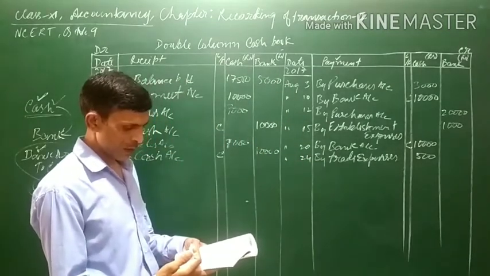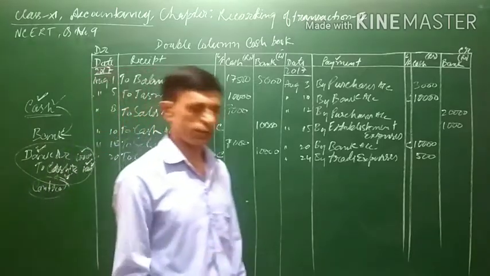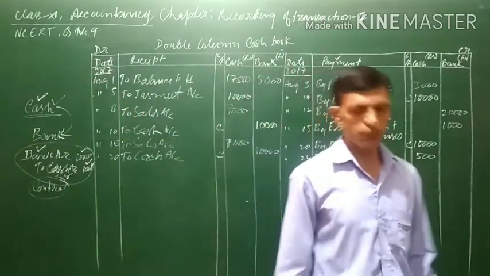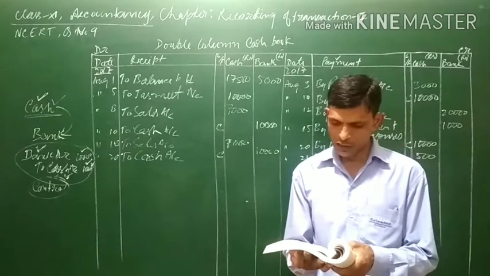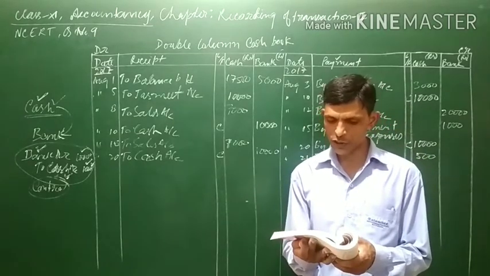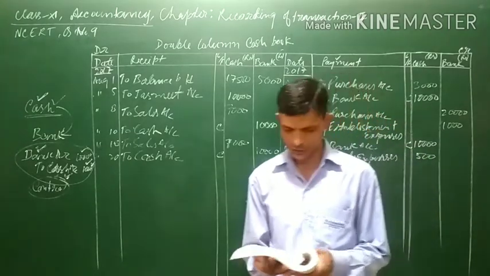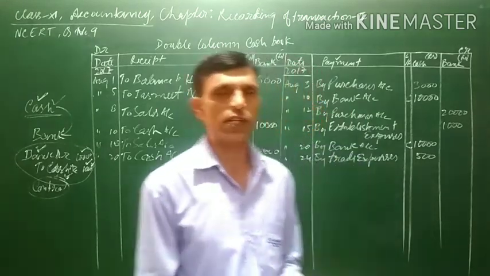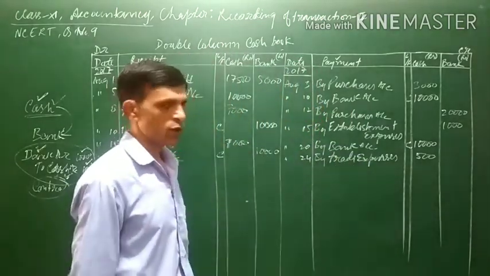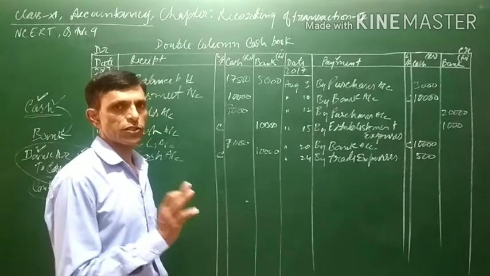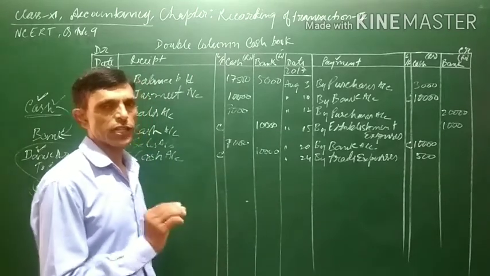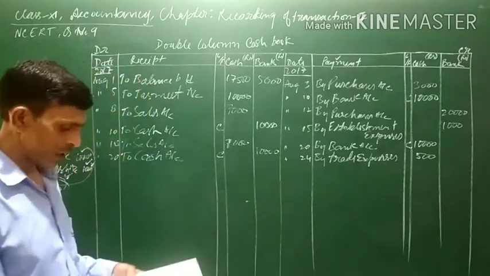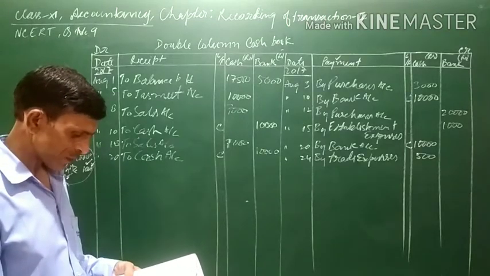Next is 27. Received commission by check. Here a check is received, so we will assume that the check has been deposited into bank on the same date. A note can be mentioned that it is assumed the check has been deposited into bank the same day, although it is not mentioned.